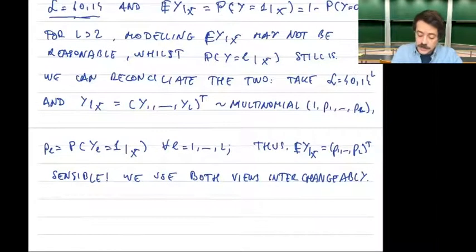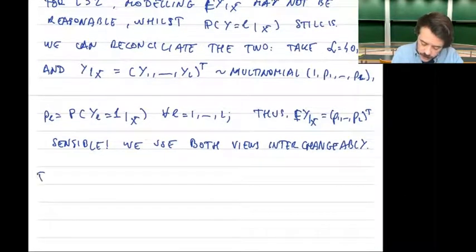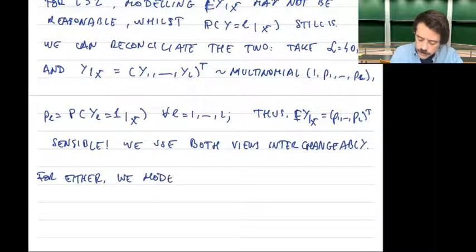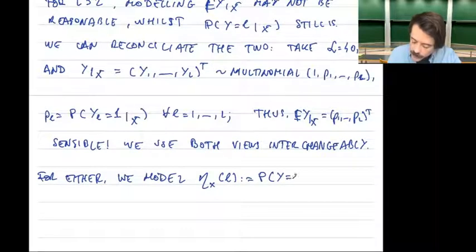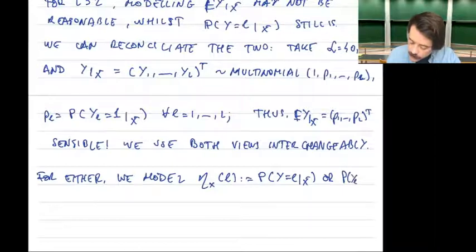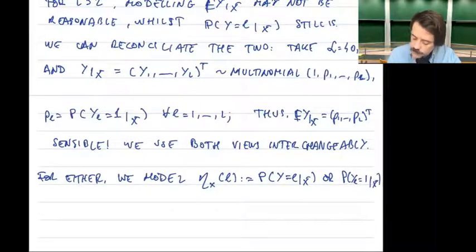So in either case, we model eta_L(x), which is the probability of y being equal to L given x, or the probability of the Lth coordinate of the label vector being 1.